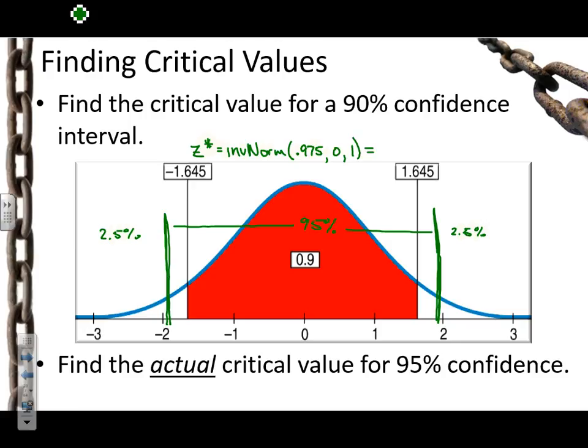And what do you get for the critical value? 1.96. 1.96? Okay, so in this case, your Z star for a 95% confidence interval is actually 1.96.